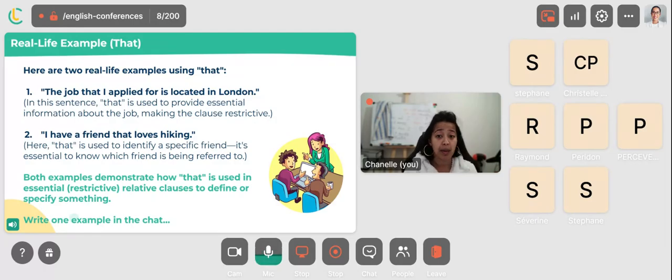So just for information, to give a small summary, we know that we can use who and that for people, and we can use which and that for things. So that can be used for both. So if you are in doubt, you may use that.